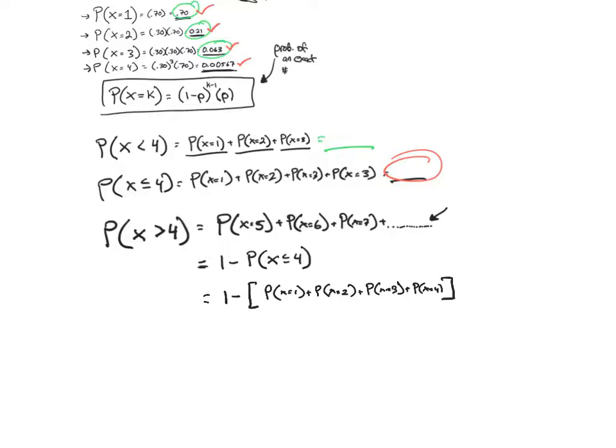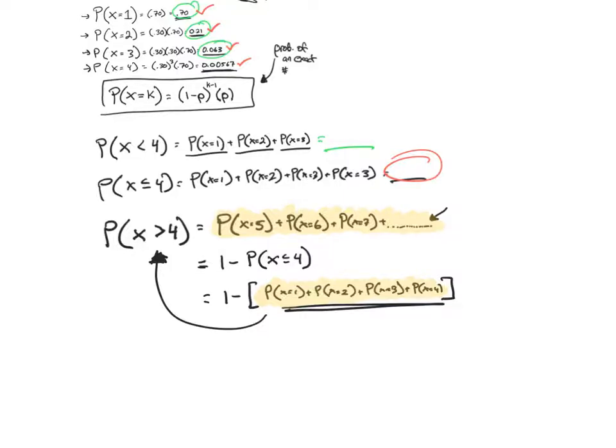Complement that. Whatever that is, complement it, and it will tell you how much is greater than 4, right? Because the way that you do complements, you always think about, what is it that I don't want? I don't want up to and including 4. Complement it, and it's going to give you everything you do want, right? So that's how that would work right there.